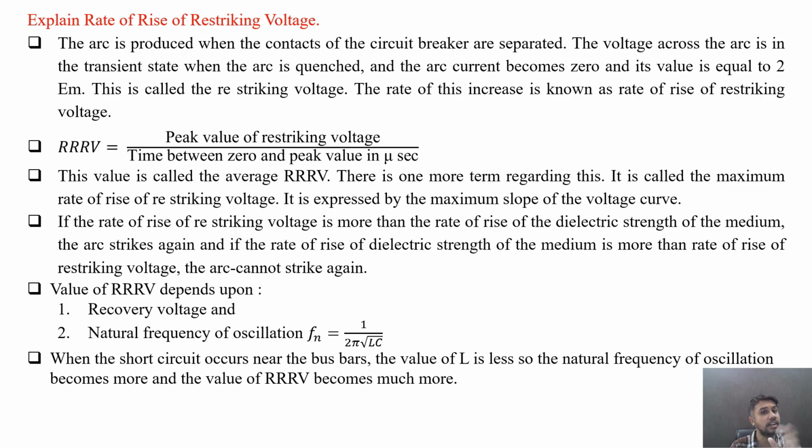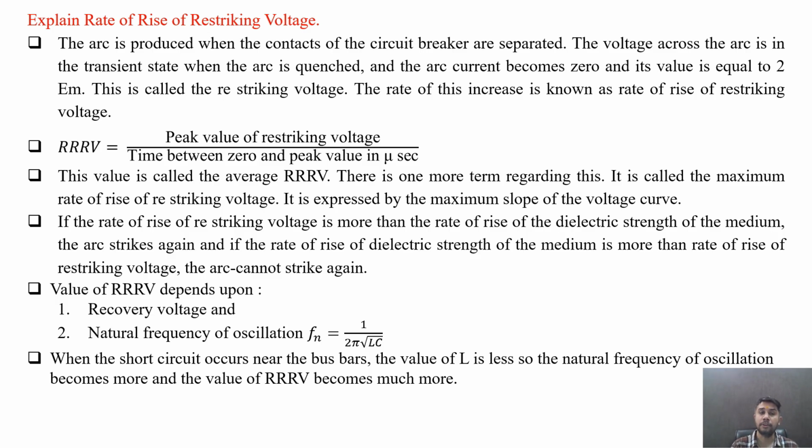This is called the restriking voltage, and the rate of its increase is known as the rate of rise of restriking voltage, given by the formula: RRRV equals the peak value of the restriking voltage divided by the time between zero and peak value in microseconds. This value is called the average RRRV.